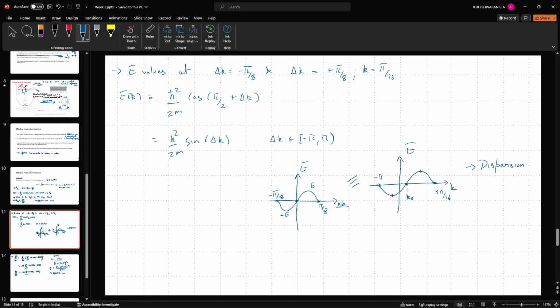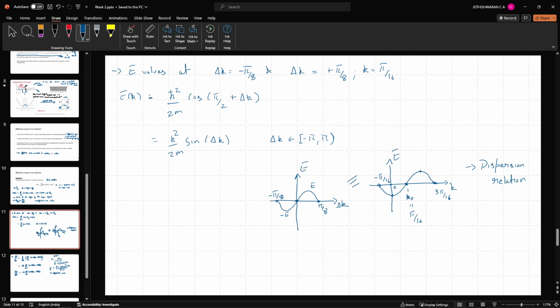As you can see, I'm not very good at drawing. Technically speaking, my origin should have been over here, and I can rectify it. Since I've shifted this whole scene, this is 0, k naught, which is pi by 16, and this is the dispersion relation that we are looking at.